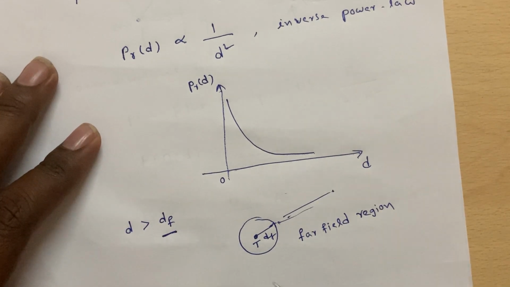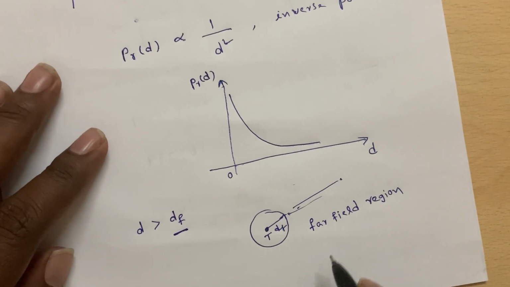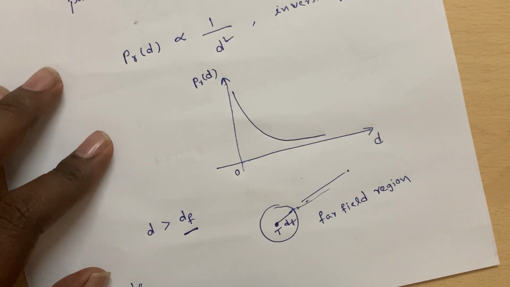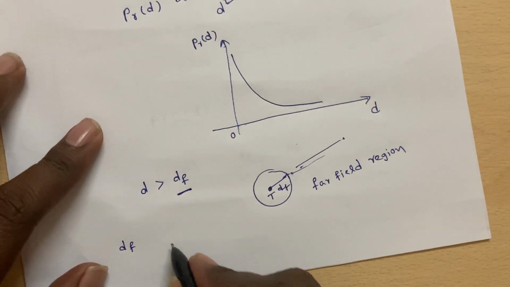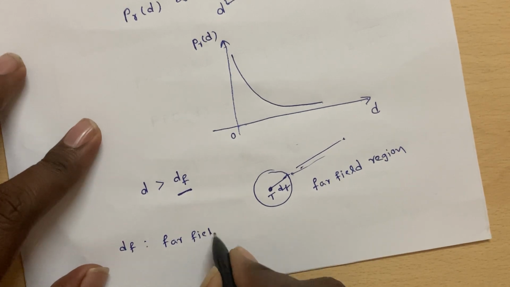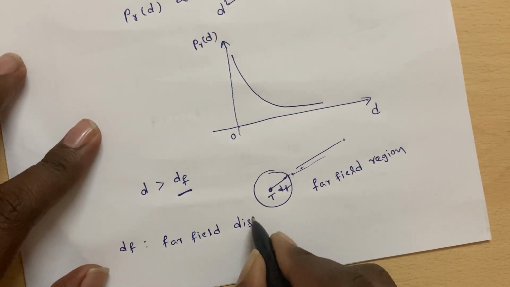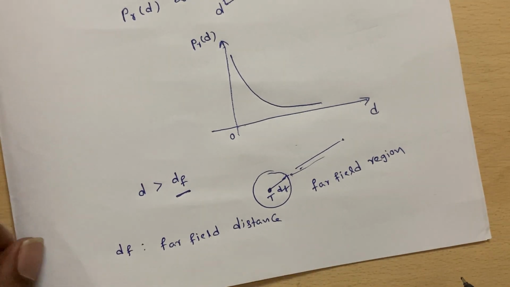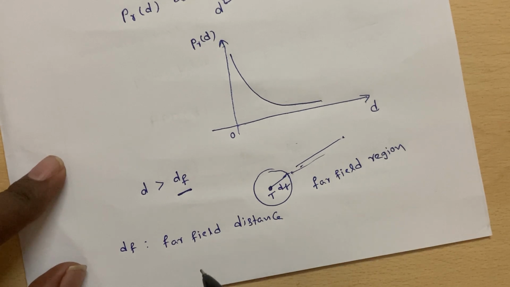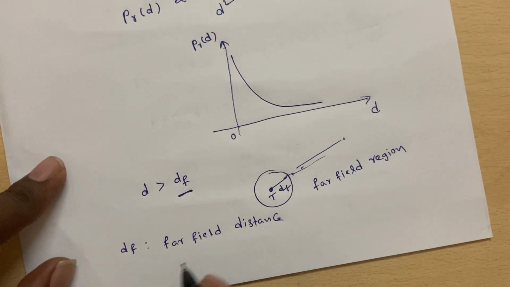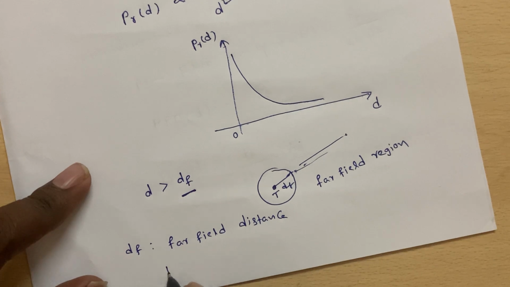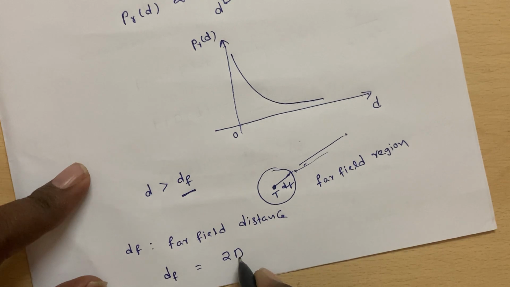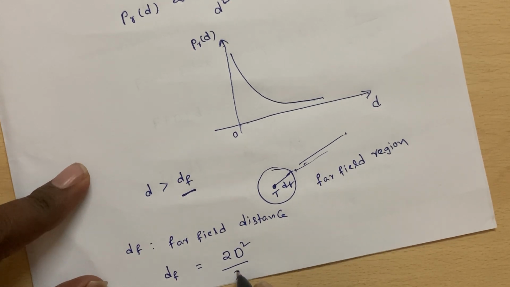The distance we denote as df is called the far field distance. df is found in the literature as 2D square by lambda.